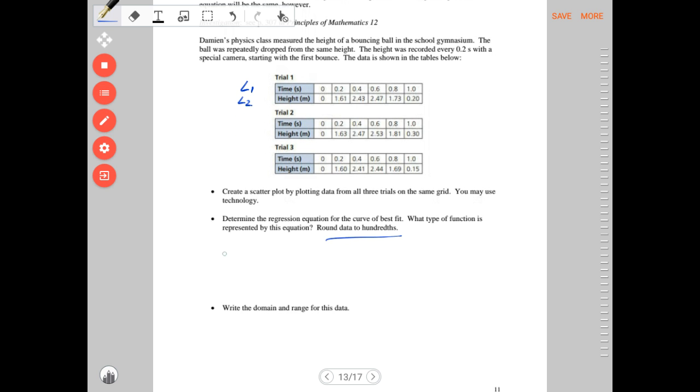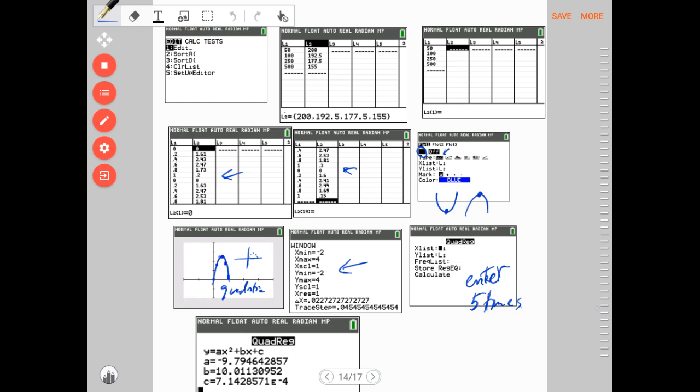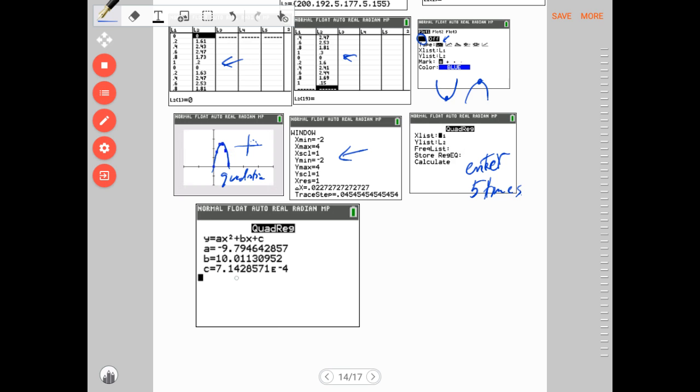So if we look at that again, y equals negative 9.79x squared plus 10.01x. I want to draw your attention to this last part. Look at this, 7.14, and then this e, remember, that's the symbol for scientific notation.